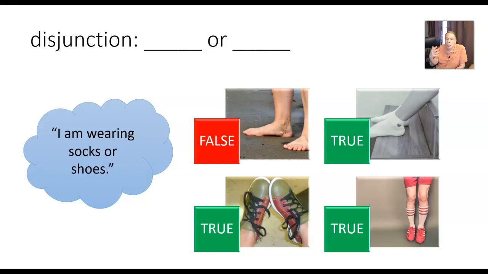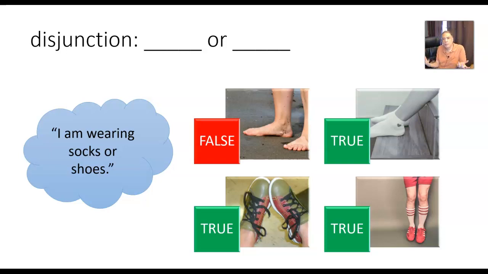Like, if you go to a restaurant and they say, if you order an entree, you get soup or a salad, you can pick one or the other, but you probably can't have both. But if you go to a job interview and they say, we'll only consider people who have a degree or relevant work experience, if you have both of those things, I'm pretty sure they will consider you.